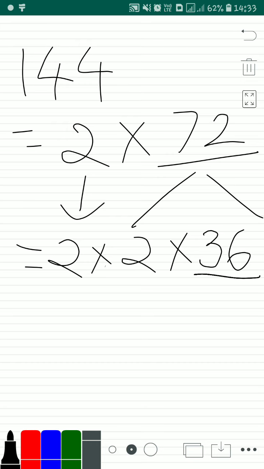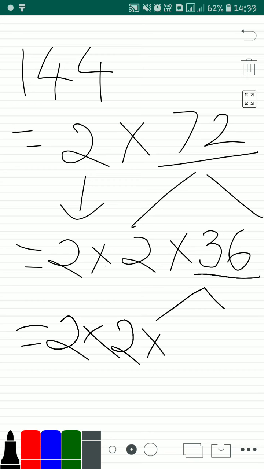Now again we go with the last number, splitting it: 2 into 2 into 2 into 18, which is again giving you 36. Then the last number is 18.